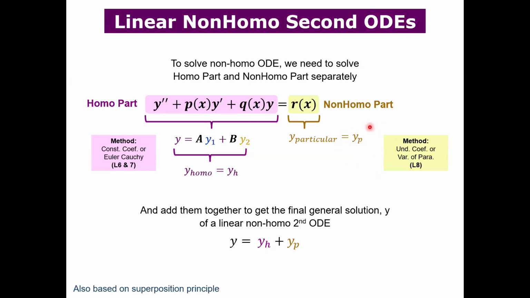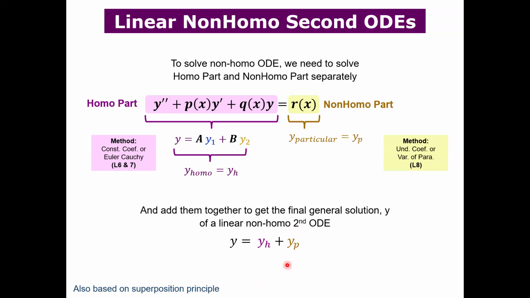To find YP, we are going to use either of two methods, which are undetermined coefficients or variation of parameters. After we get the functions YH and YP, we will add them together, and this summation of YH and YP is the final solution of a linear non-homogeneous second-order ODE.